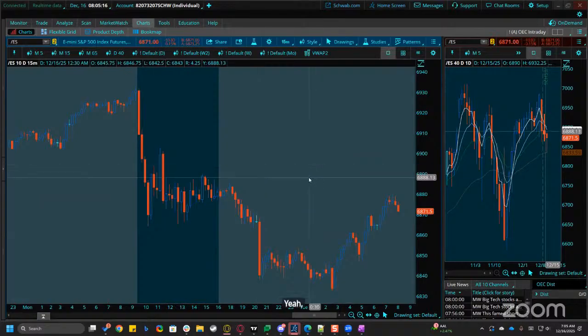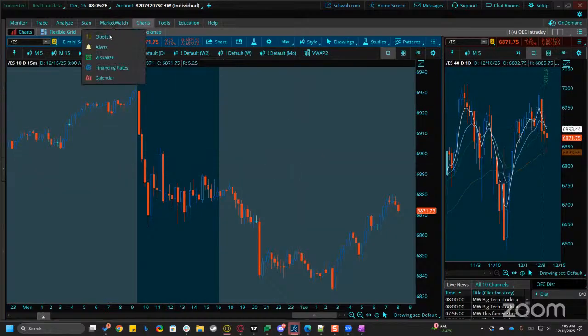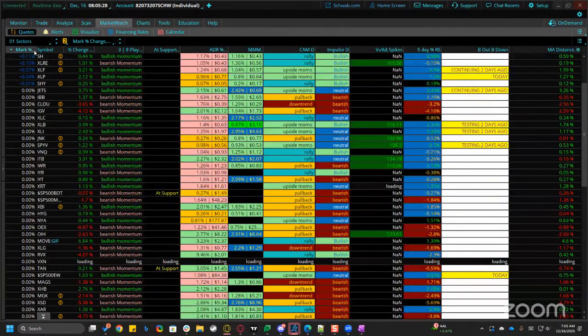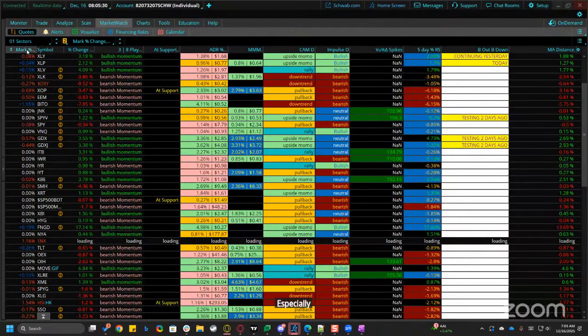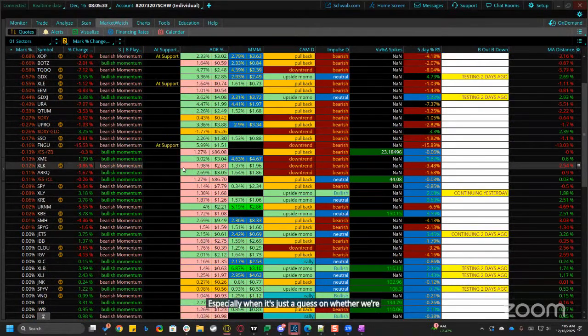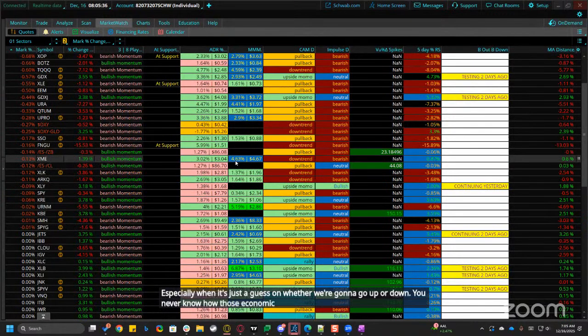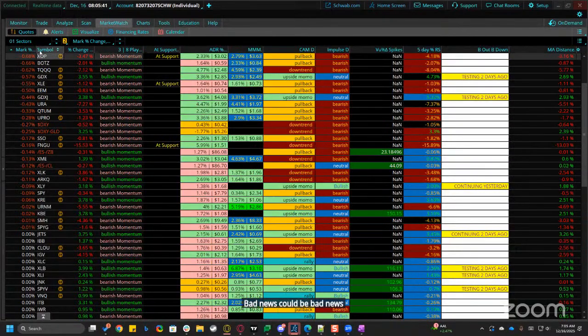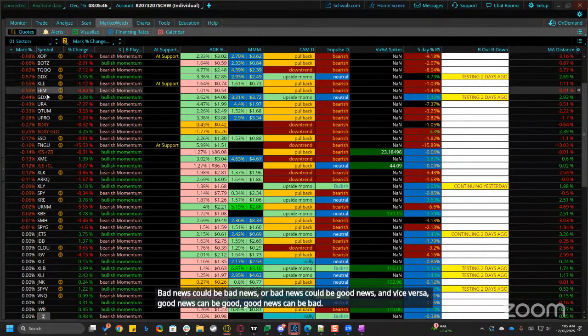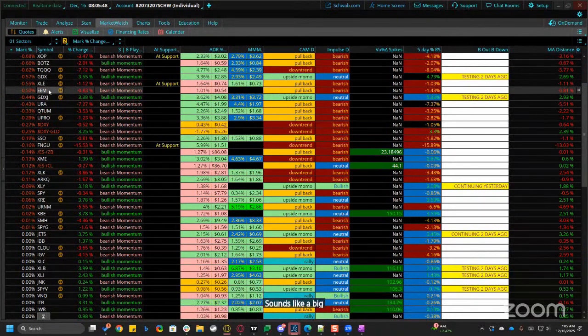I'd rather trade when it's not so violent, so we don't have to use such big stops. Especially when it's just a guess on whether we're going to go up or down. You never know how those economic reports are going to turn out. Bad news could be bad news, or bad news could be good news, and vice versa. Good news can be good, good news can be bad. Sounds like a big coin toss to me. I like my money. I'm not tossing a coin.